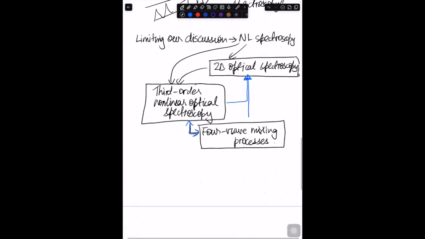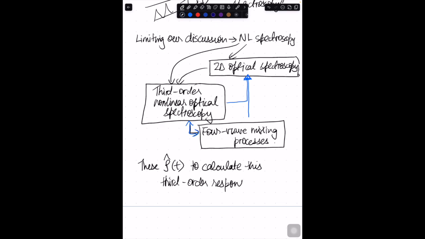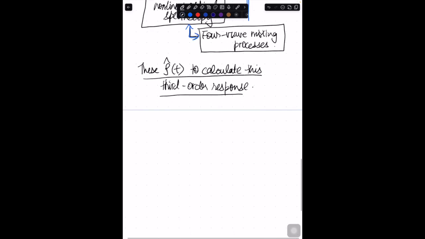So we will use these density operators to calculate this third order response. So that's the idea behind using density operators. And now in spectroscopy, the observable.